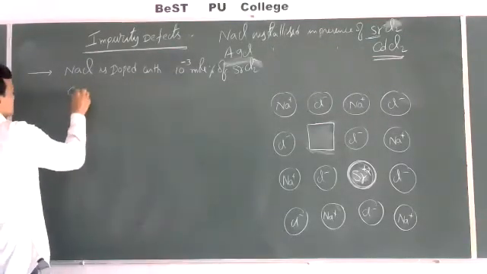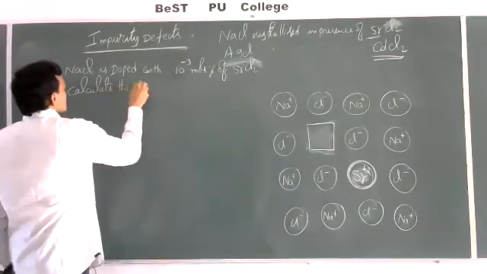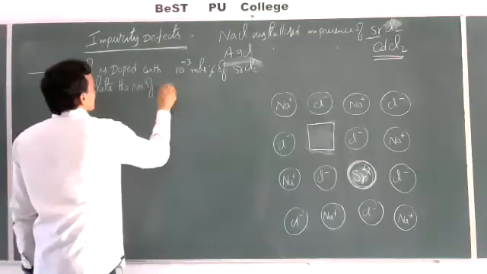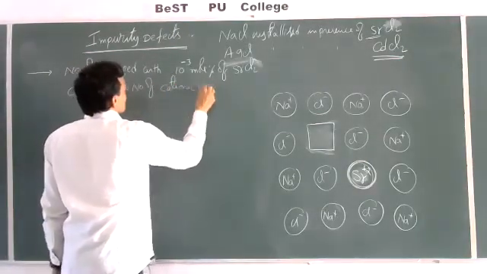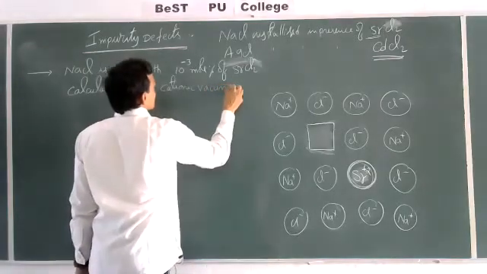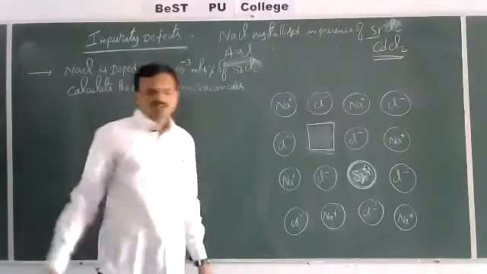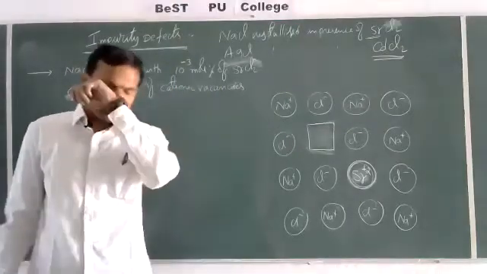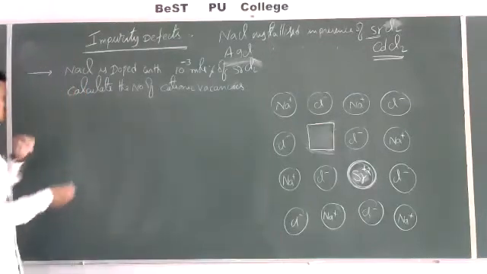Then calculate the number of cationic vacancies. What fraction of cations are unoccupied, or cationic vacancies? Okay, right, now simple.